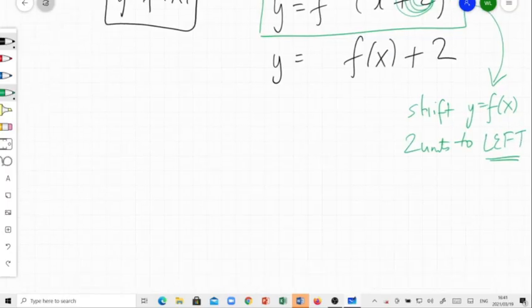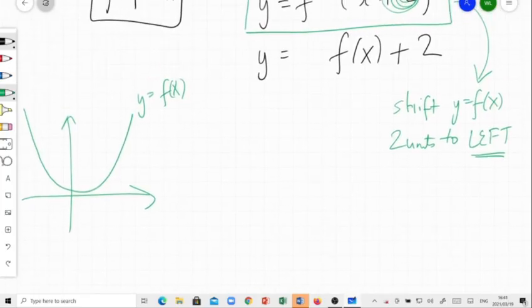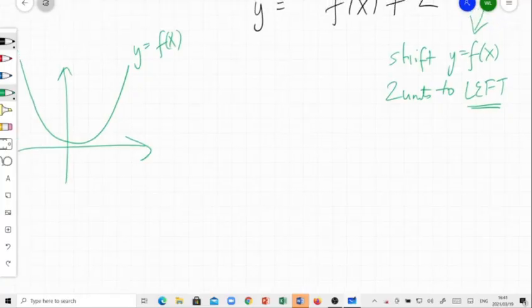Okay, so look at this. If I have y equals f of x, my friendly function, then in order to get y equals f of x plus 2, all I do is take this guy and shift him 2 units to the left.